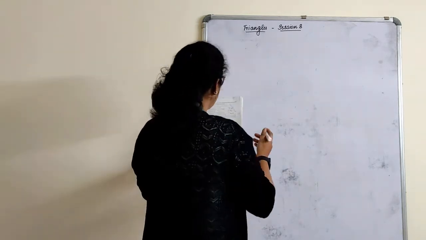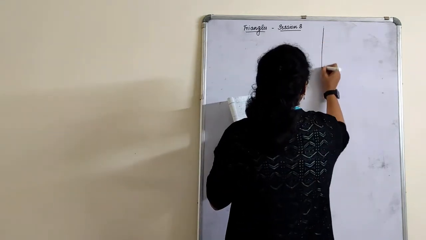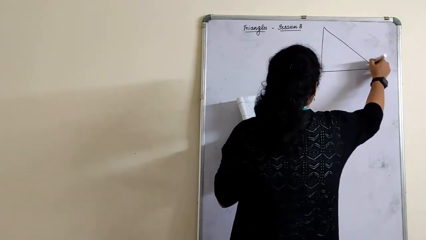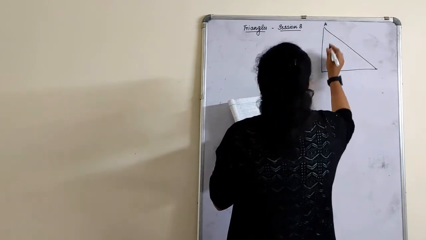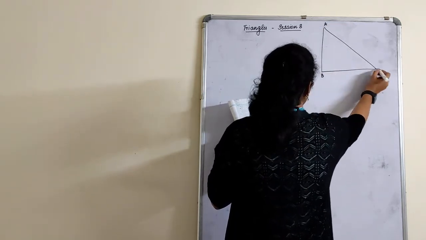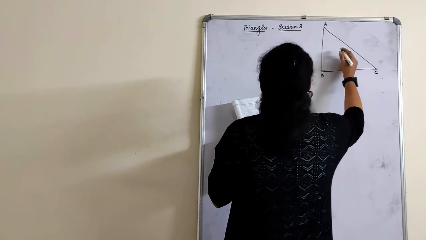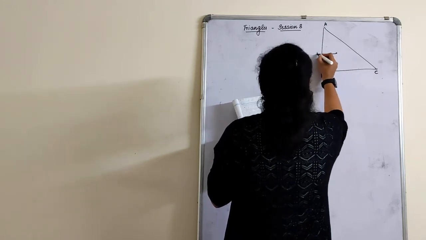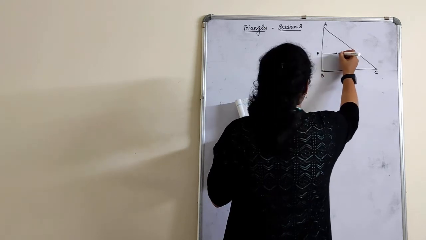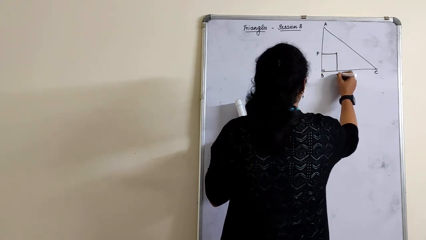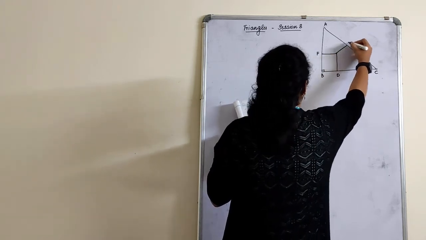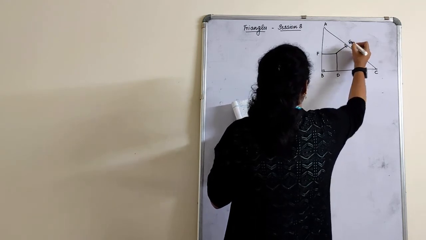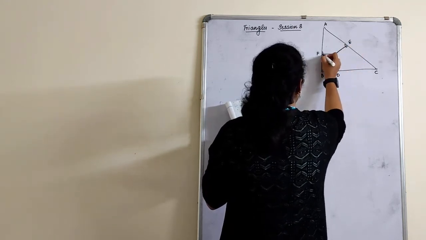Question number 8. Given that a right angle triangle ABC is right angled at B, O is a point and OF is perpendicular to AB, OD is perpendicular to BC and OE is perpendicular to AC.